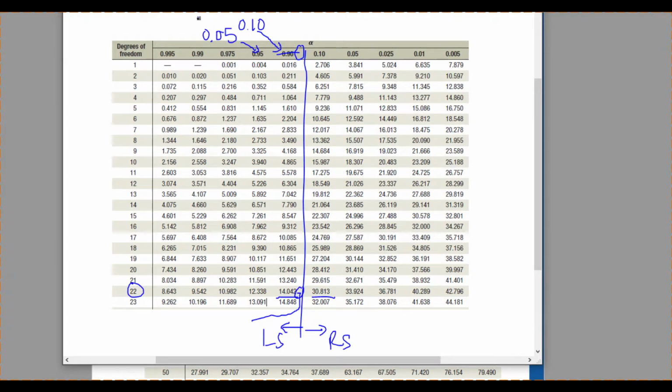Notice that the numbers are getting larger as we go to the right. This means my p-value is only going to get larger than 0.10. So we can safely say that the p-value is greater than 0.10.